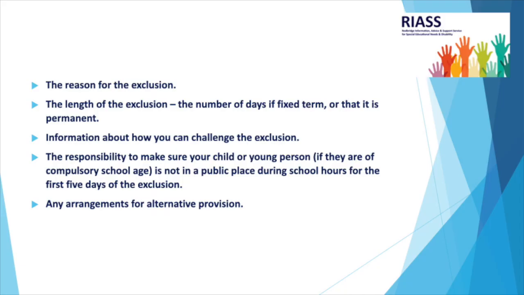The written information must include the reason for the exclusion, the length of the exclusion, the number of days if fixed term or if this is a permanent exclusion, information about how you can challenge the exclusion, and the responsibility to make sure your child or young person is not in a public place during school hours for at least the first 5 days of the exclusion. Also, any arrangements for alternative provision.